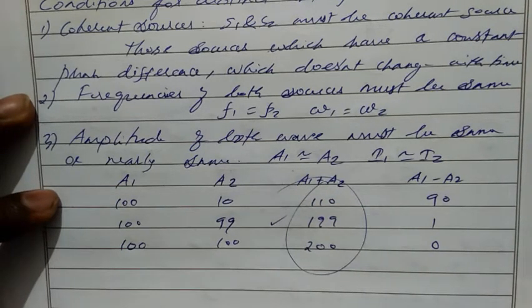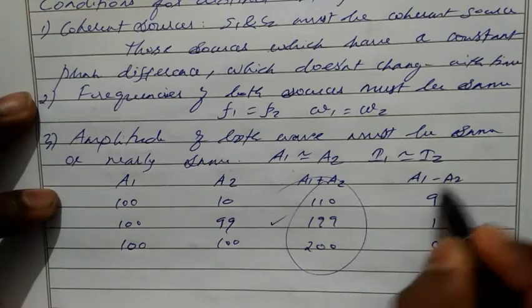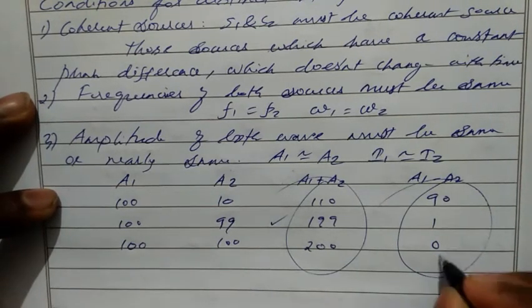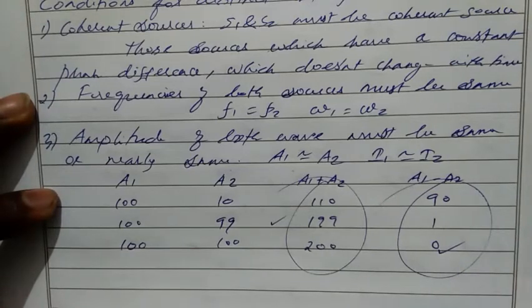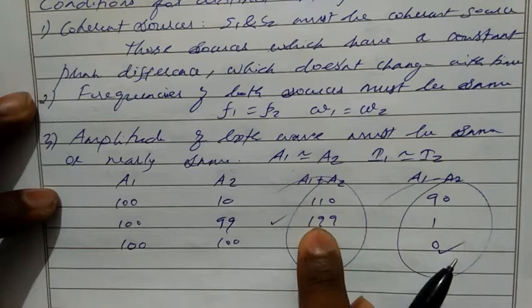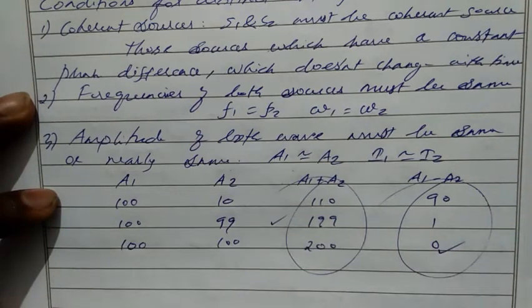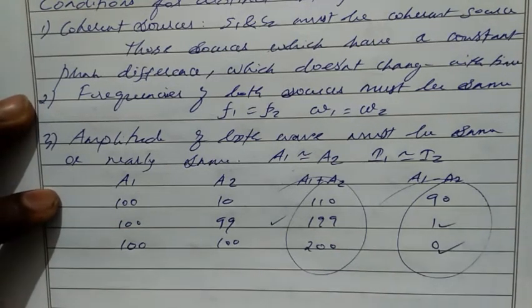And the second condition is that for destructive interference, there should be no light or very little light. Now check with the three cases. For 0, no light, so a dark interference or dark fringe. For 1, very little light. Here it is 199, here it is 1. So here we have more brightness, and here we have very little brightness, or we can say dark. So this is also satisfied.